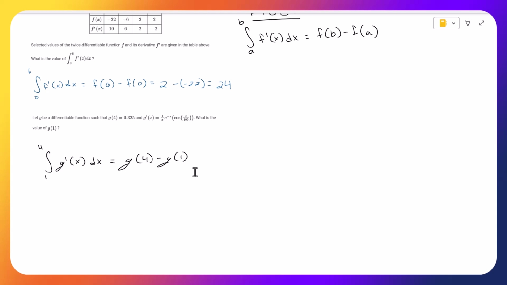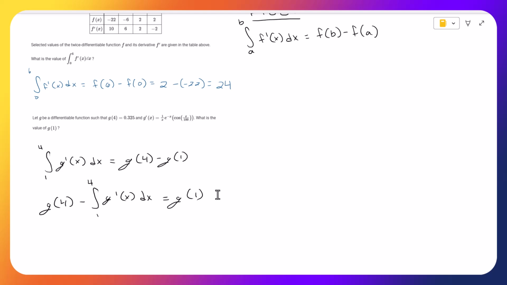That's going to be g of 4 minus the integral from 1 to 4 of g prime of x dx equals g of 1. Alternatively, you could also add g of 1 to both sides and subtract this integral from both sides and then flip it, and it gives you the same thing.